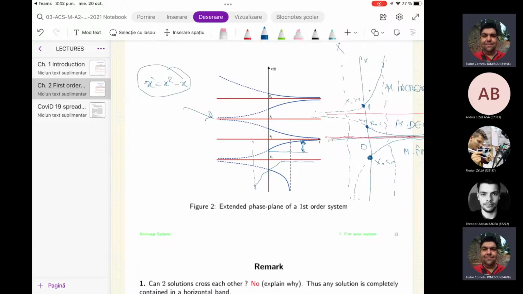You see, in this case, these are the solutions. Yeah, this is a segment. So, sorry, this is a half line. The same goes here. This is a half line. Look, from here onwards, these are the solutions.